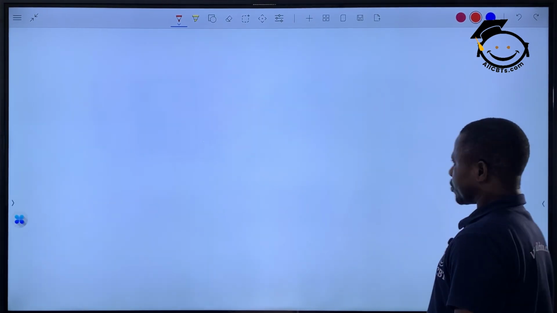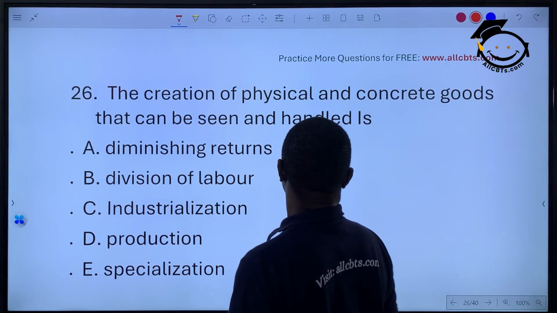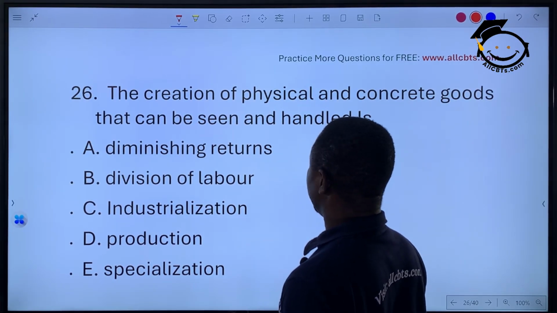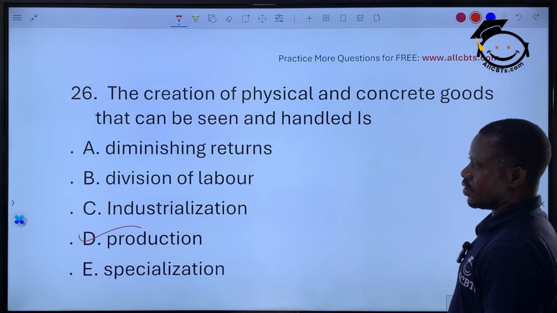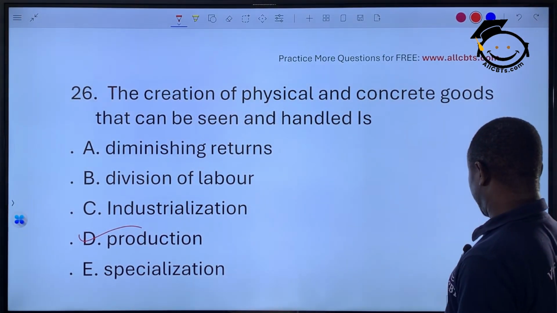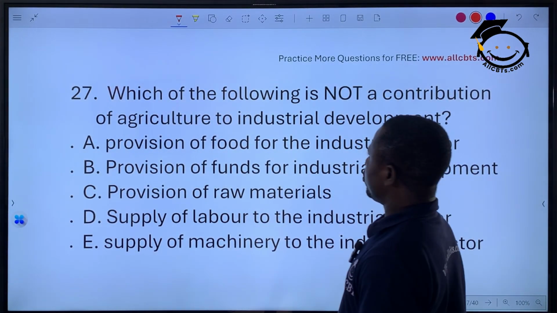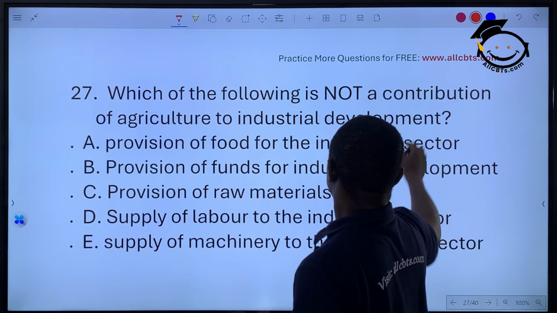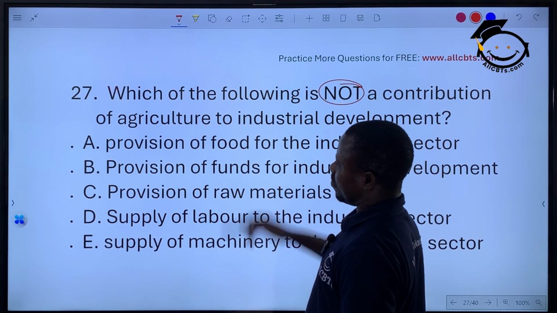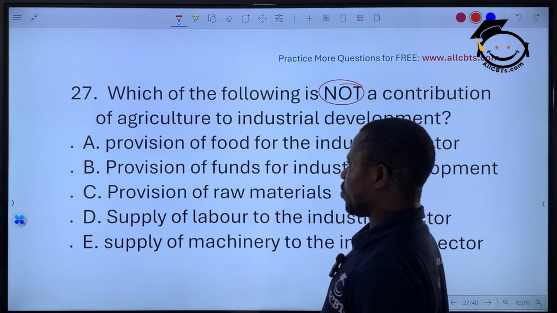Let's go. The creation of physical and concrete goods that can be seen and handled is production. Production of goods or services. Production, option D. Okay. Which of the following is not a contribution of agriculture to industrial development? All of them are contributions of agriculture to development.